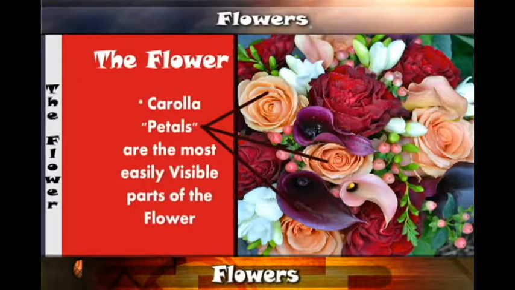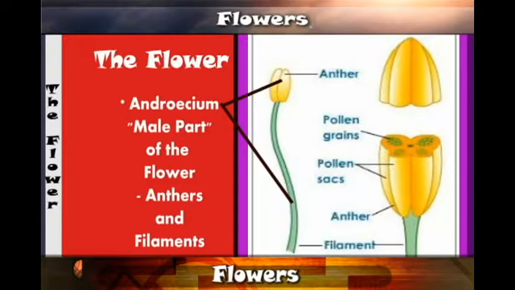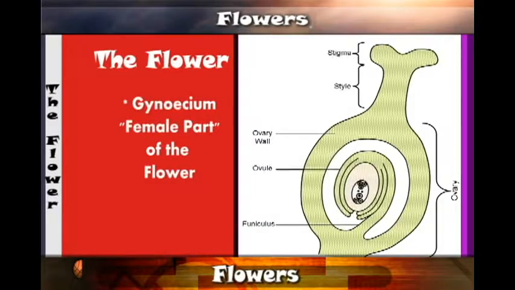We have seen the androecium, which is the male part of the flower, that consists of the anthers and filaments, which are the male organs of the flower, and they are inside the corolla. We saw the gynoecium, which is the pistil and the female part of the flower, that contains the ovule, and it's made up of one or more carpels.